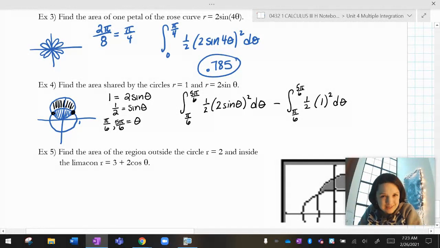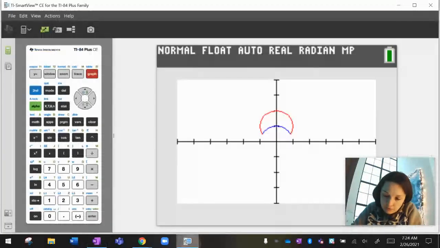Does that make sense? Because I'm doing the area of the outside curve minus the area of the inside curve. Okay, so if I do that, that's going to get me that black section out there. So let me do that real quick.